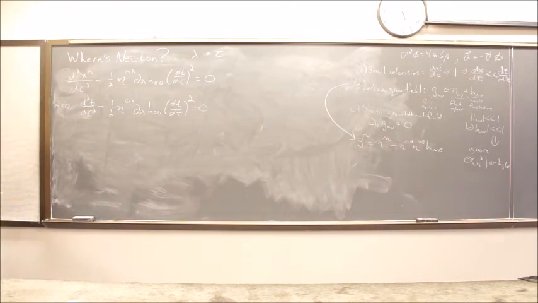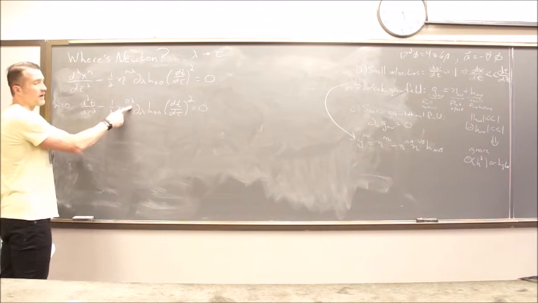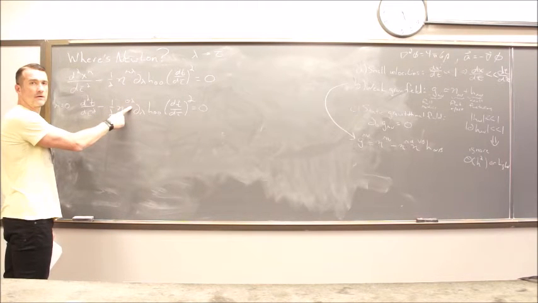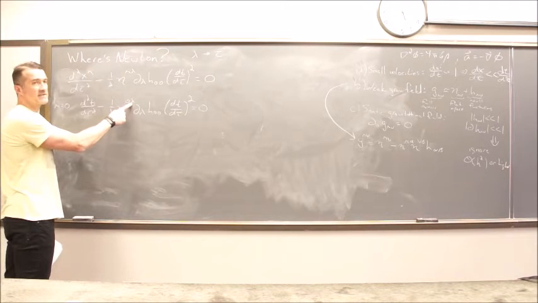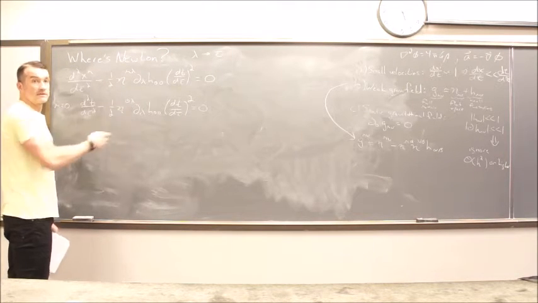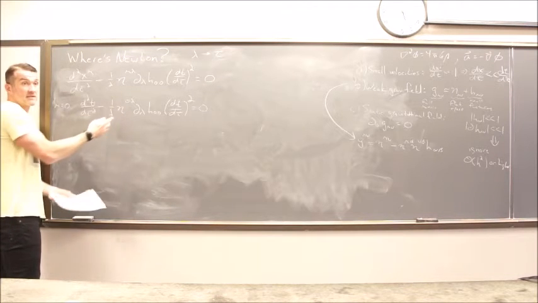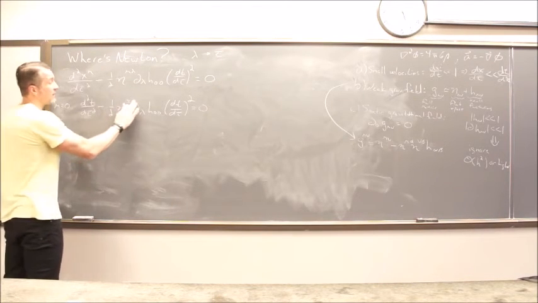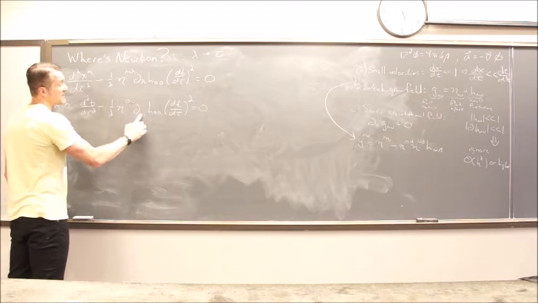Okay? But eta 0 lambda is only non-zero when lambda is equal to 0. This is the inverse metric of Minkowski space. So this guy I can set to 0, which means this should be 0.